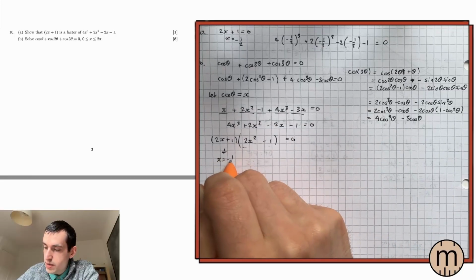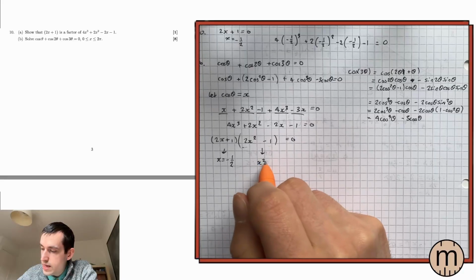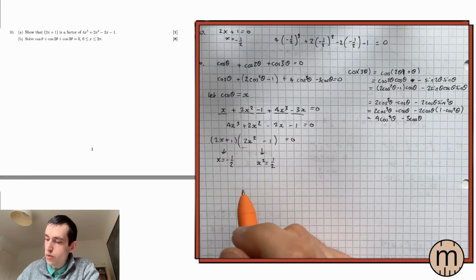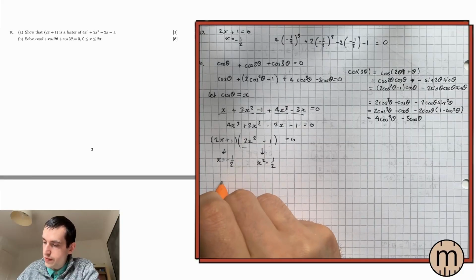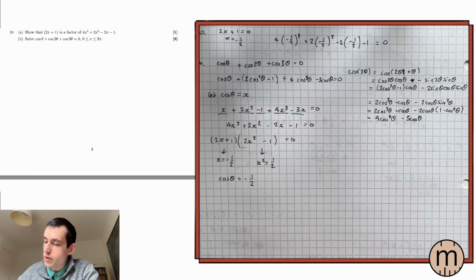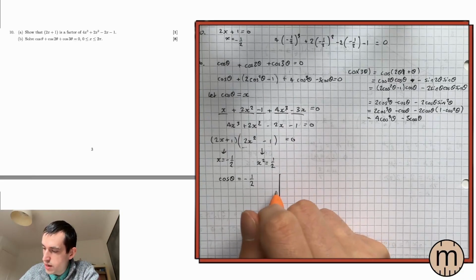We know that x must be equal to minus a half, again from part A, and now x squared must be equal to 1/2. Let's solve for minus half. So if x, but not x, it's cos theta equals minus a half, then we want to find all the solutions in the range for which that is true.